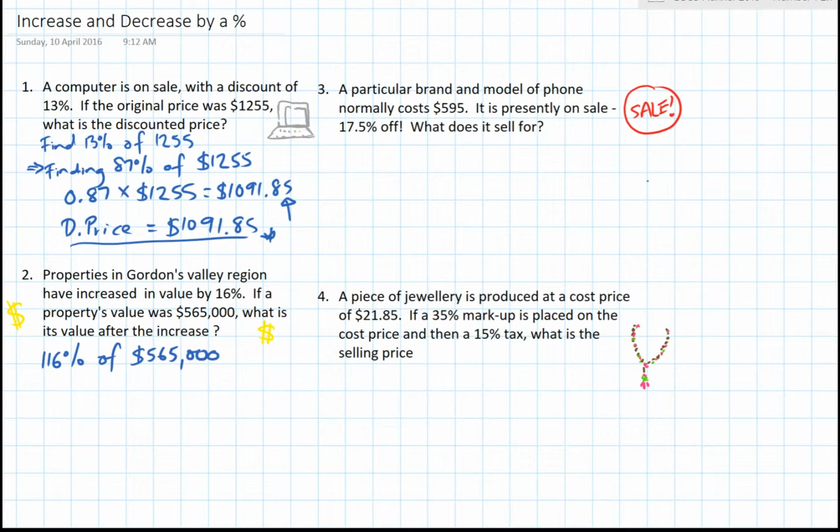Okay, so that's what we're trying to find. 116% as a decimal is 1.16. Of becomes times, and our original value is 565,000. And that will give us the increased value.